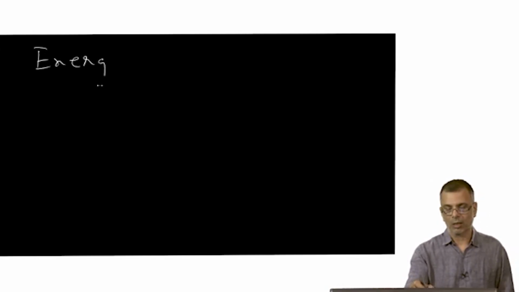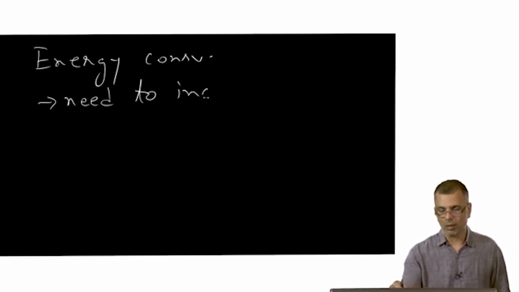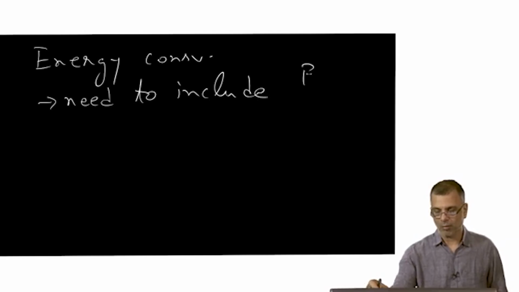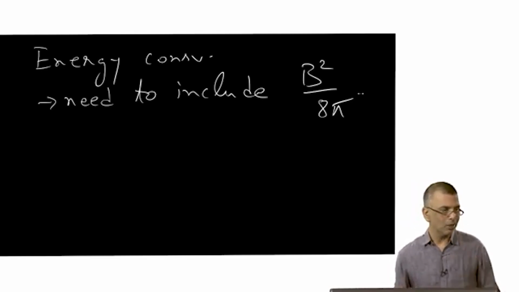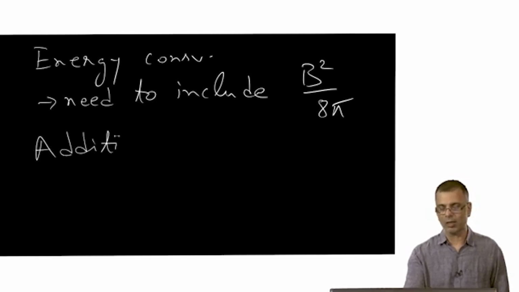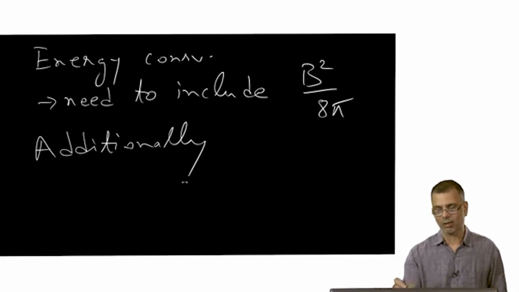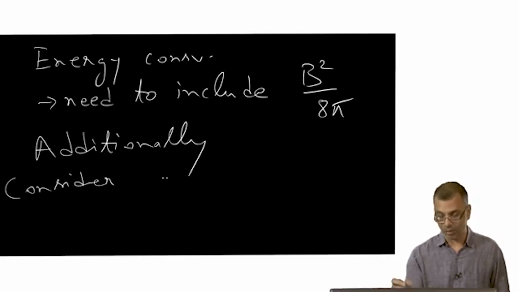That's the new wrinkle, or the new complication, if you will, when you start doing magnetohydrodynamics, right? And also, energy conservation. Well, energy conservation, you need to include magnetic energy density. Okay, so that's one thing. Also, additionally, since we are dealing with electric and magnetic fields, you need to consider the divergence of B equals 0.